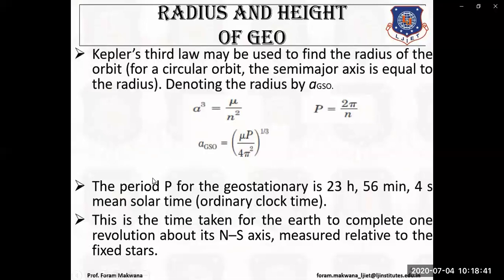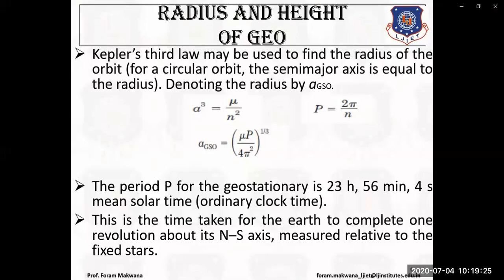Okay. So the period of the geostationary orbit is 23 hours, 56 minutes and 4 seconds, which is calculated by putting in the value of the geocentric gravitational constant and the period for the geostationary orbit, which is the time taken for the Earth to complete one revolution about its north-south axis, measured relative to the fixed stars.